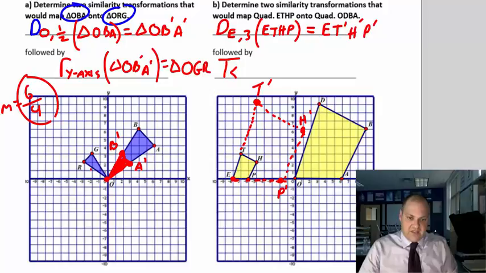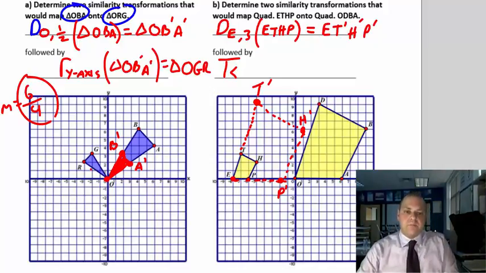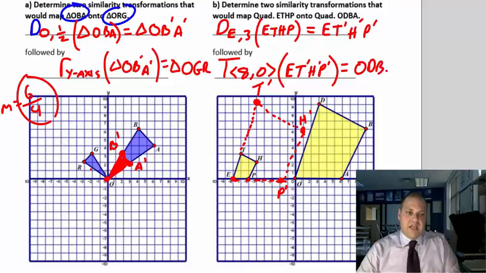Well, we just got to move. Let's see. E has to go to O, and it's at -8. It's got to go to 0. This is at -2, and it's got to go to 6. We got to go 8 units to the right. That's going to be 8, 0. And what did we translate? We translated E, T prime, H prime, P prime, and that's going to equal our final answer, ODBA.